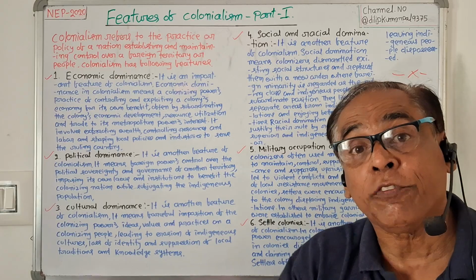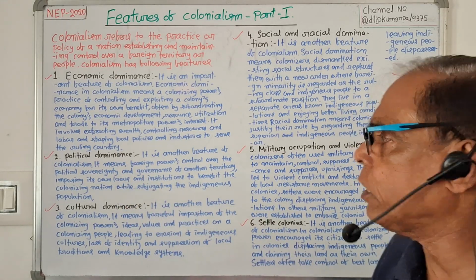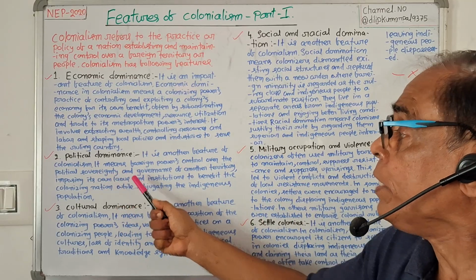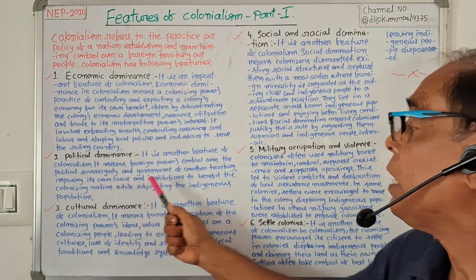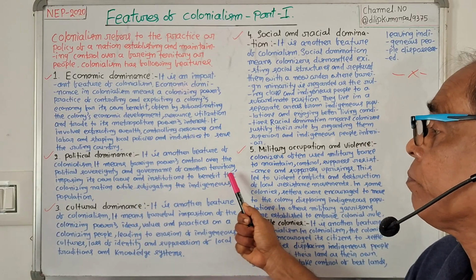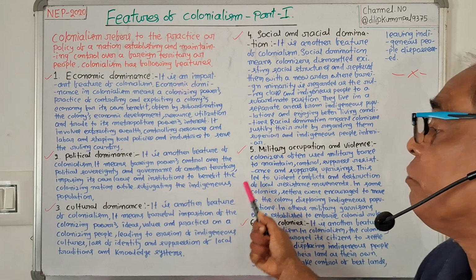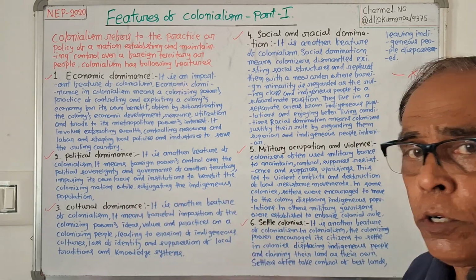Another feature of colonialism is political domination. What is political domination? It means a foreign power's control over the political sovereignty and governance of another country, imposing its own laws and institutions to benefit the colonizing nation while subjugating the indigenous population.